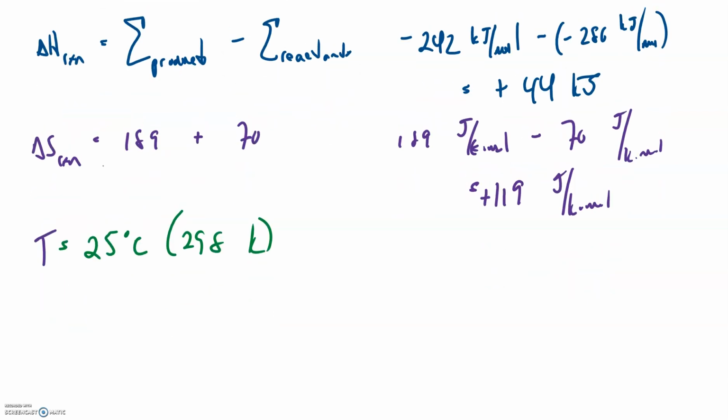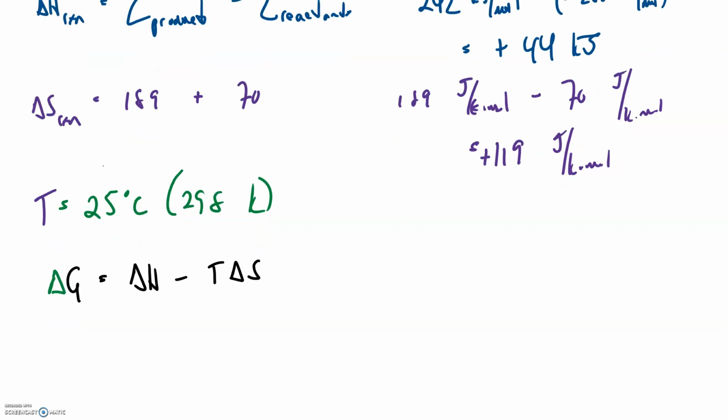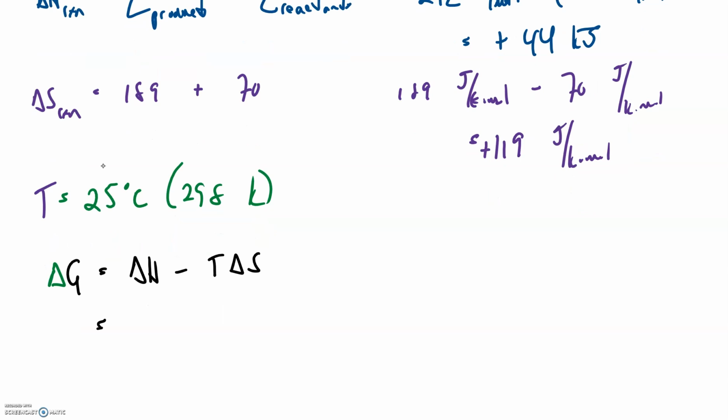Now you know the answer to this question. Does water boil at 25 degrees Celsius? Room temperature? No. We'll calculate it anyway. We'll say delta G is going to be equal to delta H minus T times delta S. We know the delta H. Let's get these into matching units.